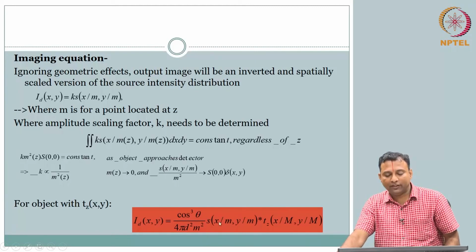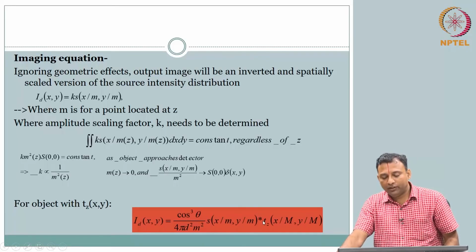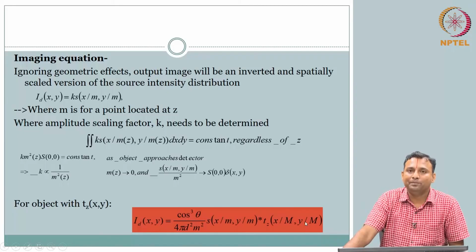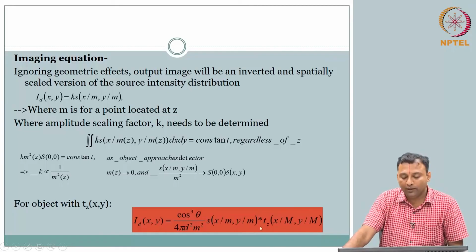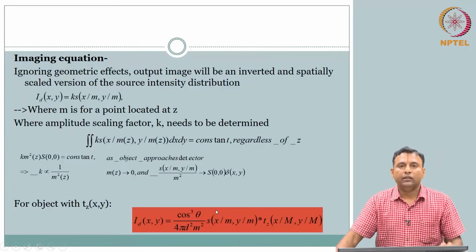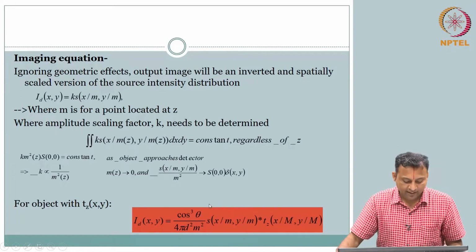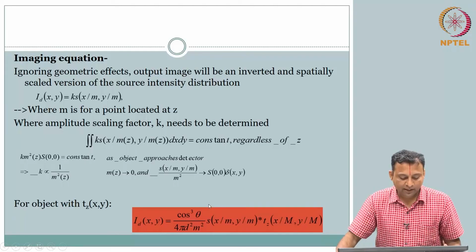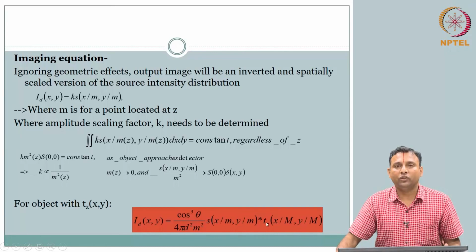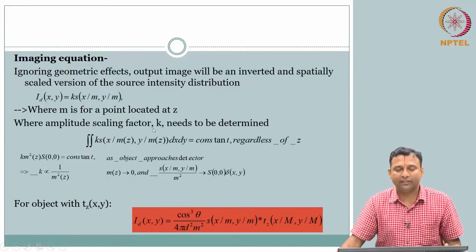M square s of x by m, the scaling magnification, convolved with, so this we got for a point, therefore we are convolving it with your t z of x by capital M, y by capital M. So for one point, if you do that, we can treat this as convolution. Clear? You see the advantage of using t z. We have just written the object, so it is convolved with the object. All these effects are incorporated.